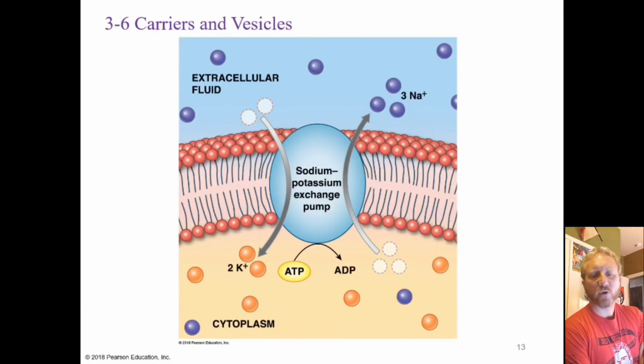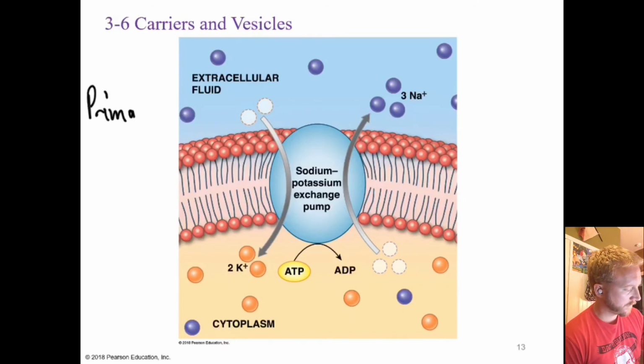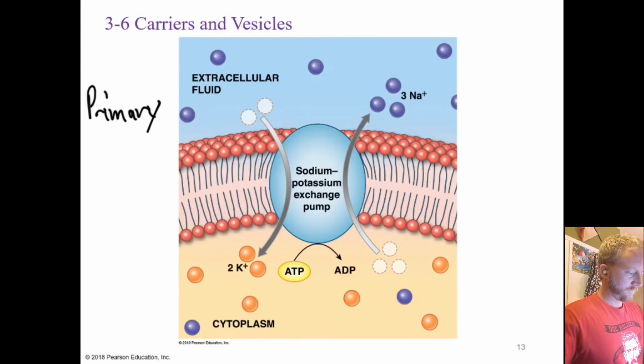There are 2 different kinds of active transport. We've got primary active transport. In primary active transport, you're moving the substances directly.